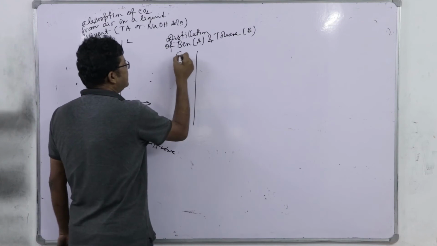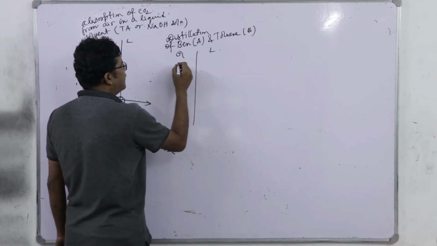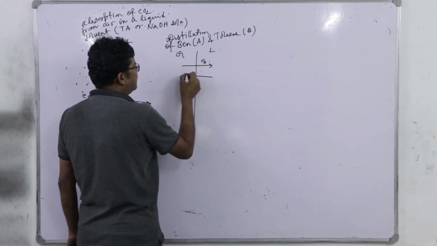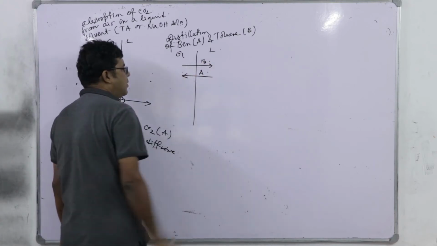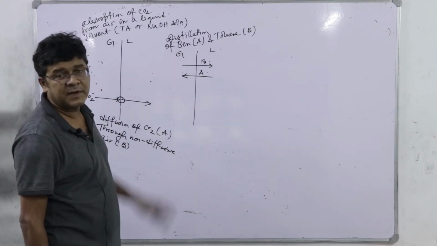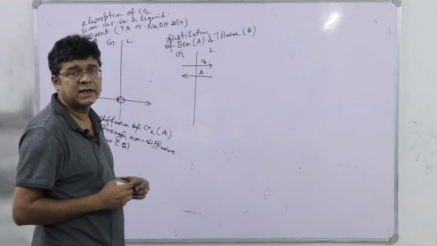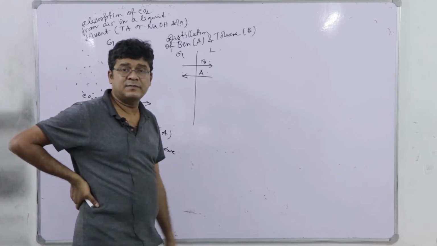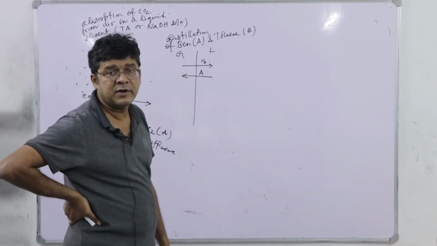We have an interface, this is gas, this is liquid. Now, from the gas phase, toluene will go to the liquid phase, from the liquid phase, benzene will come to the gas phase, because the gas phase will be enriched in more volatile component, that is benzene here, whereas the liquid phase will be enriched in less volatile component, that is toluene for the present system.